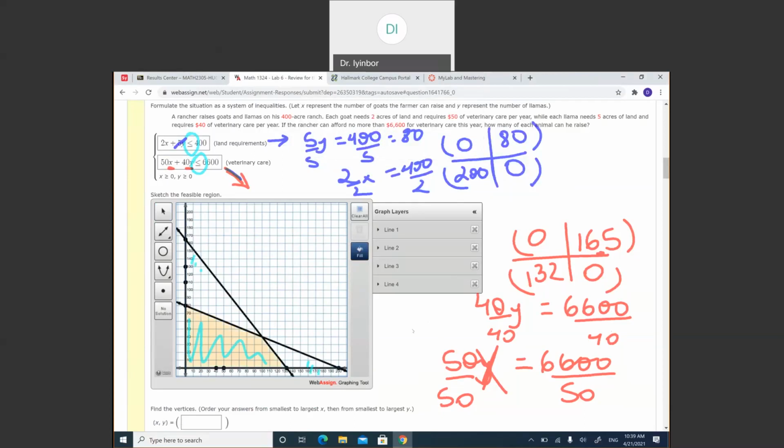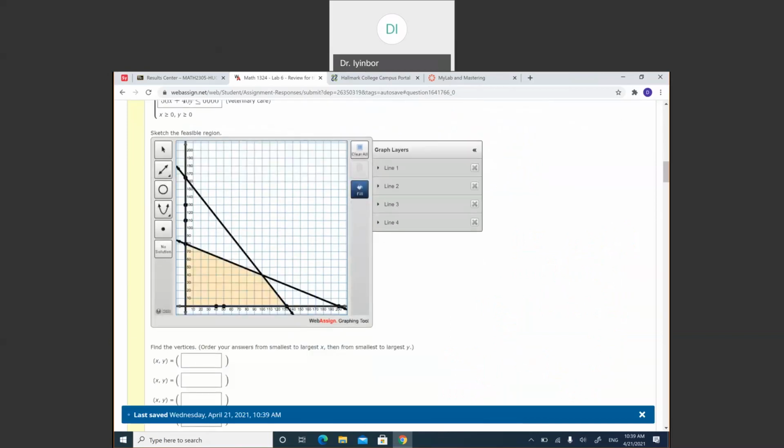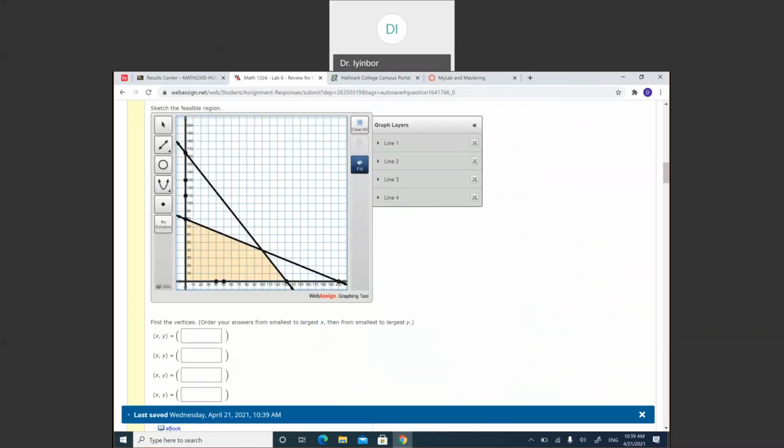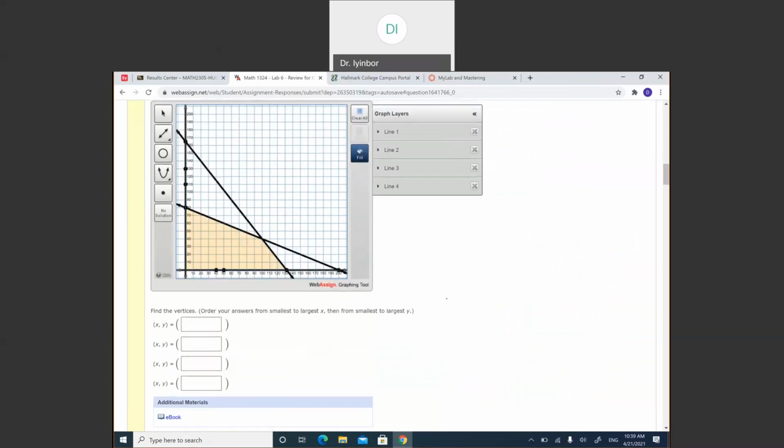Then after that, I have to get the coordinates for the vertices. So this is my graph, and also keep in mind you have to have 1, 2, 3, 4 lines only, nothing else. Then you have to get the vertices, and you have to do it in a specific order. This point is the first point, 0, 0. This is the second point.